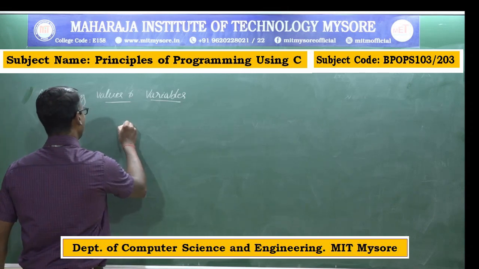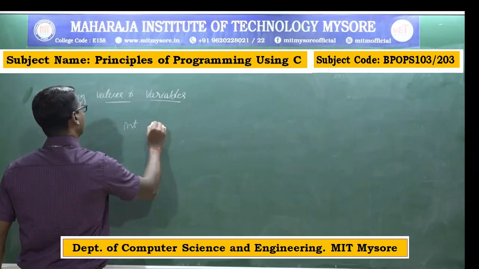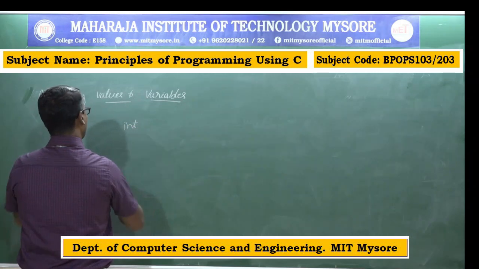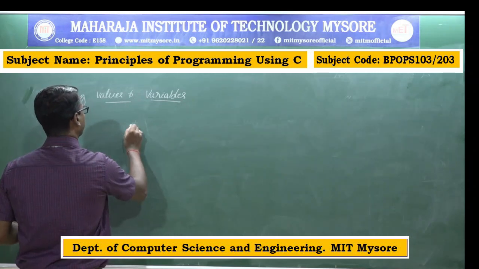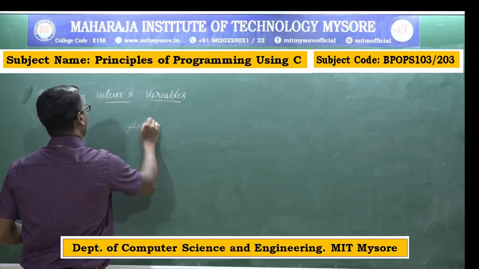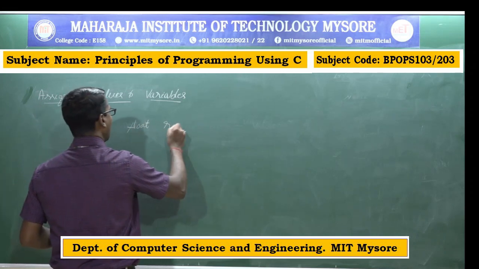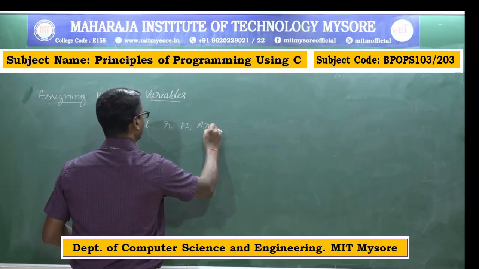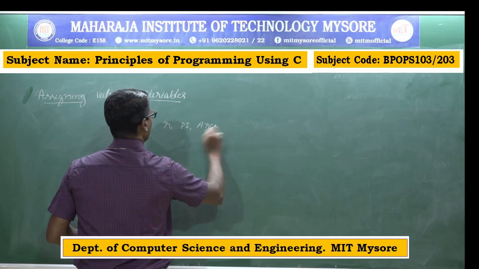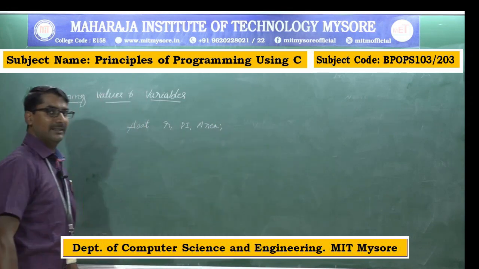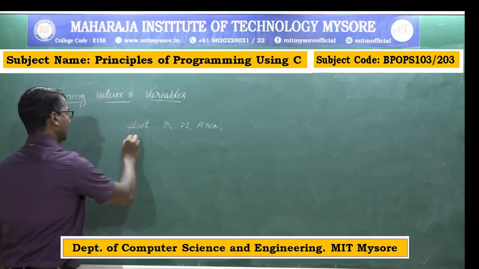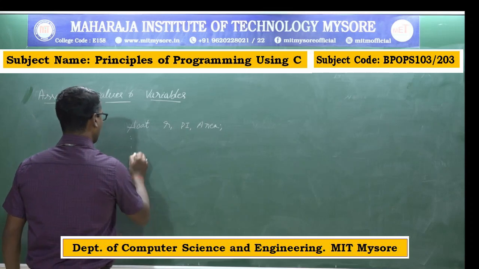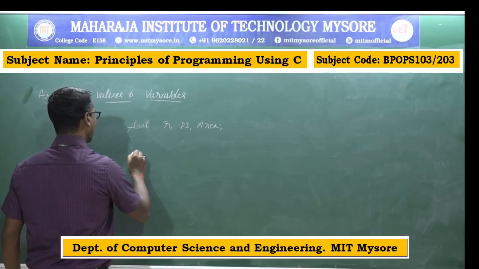Example, here I will declare a variable r and pi and area. So I have not initialized any variables. So here I will read.